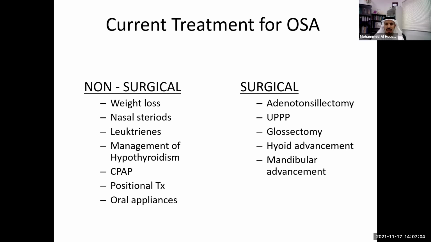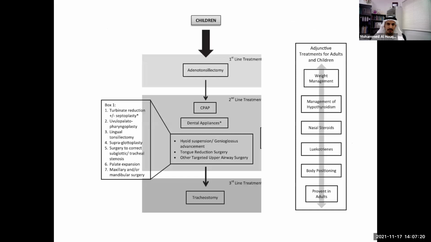Surgical treatments are for patients who are moderate to severe and clearly have anatomical factors leading to obstruction of the airways, such as tonsillar hypertrophy, where we would always recommend adenotonsillectomy. So the first line treatment in pediatrics and children is adenotonsillectomy.